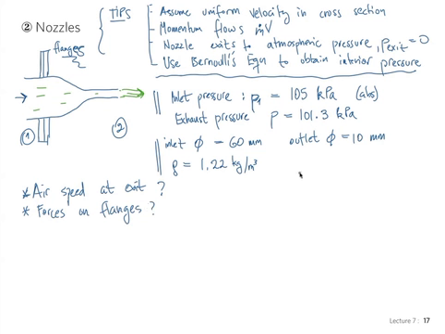Of course, we're going to make the assumptions of inviscid flow, constant density. Let's write those down, just so that we are clear on that. Rho equals constant, inviscid, steady. That's the minimum things that we need to assume.